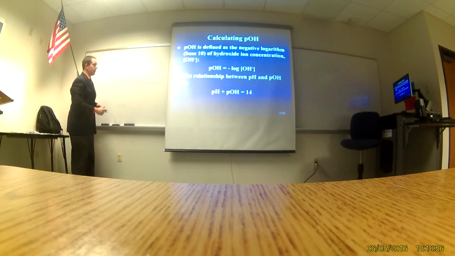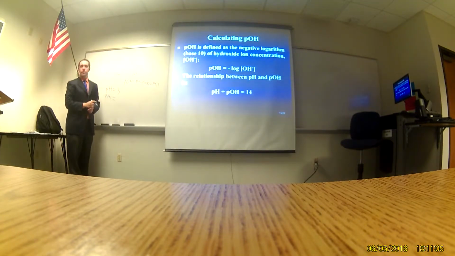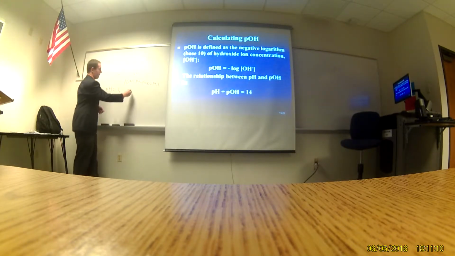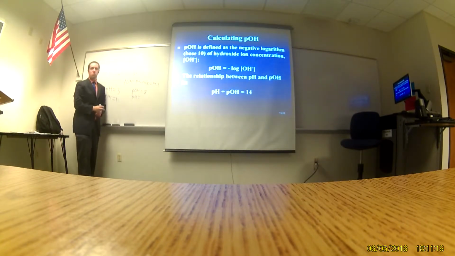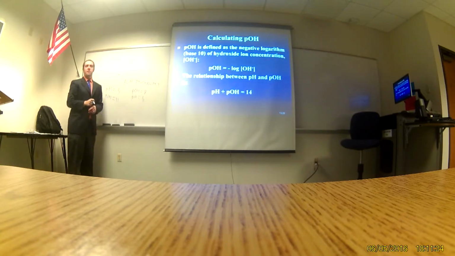If I have pH equals 3, what is my pOH? 11. 3 plus 11 is 14. If I have pOH of 8, where's my pH? 6. 8 plus 6 is 14.